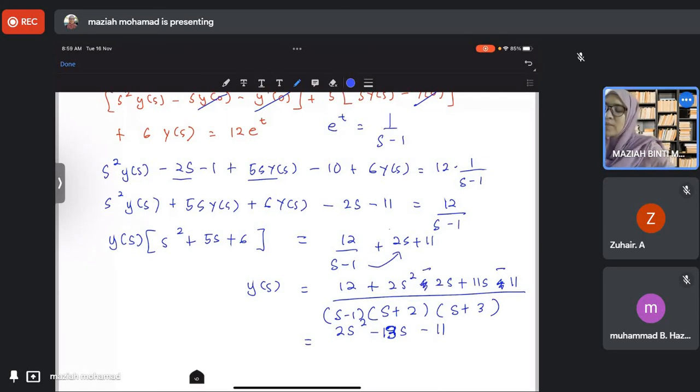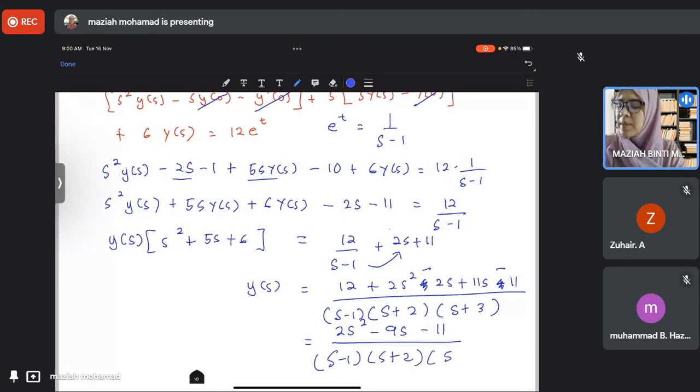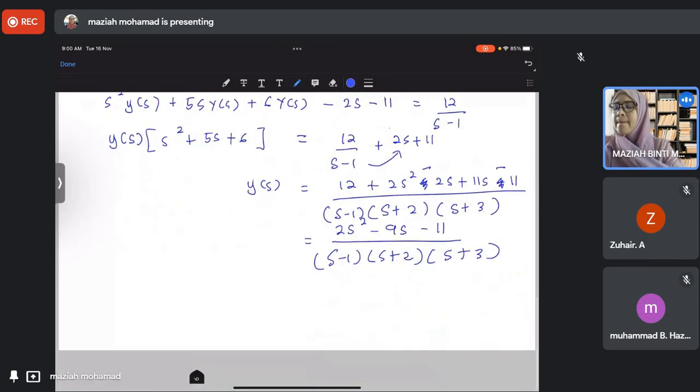Tolak 2S. So sini jadi 9. Okay. Alright, macam tu kan? Yang atas. Alright, so divide by S minus 1, S plus 2, S plus 3.